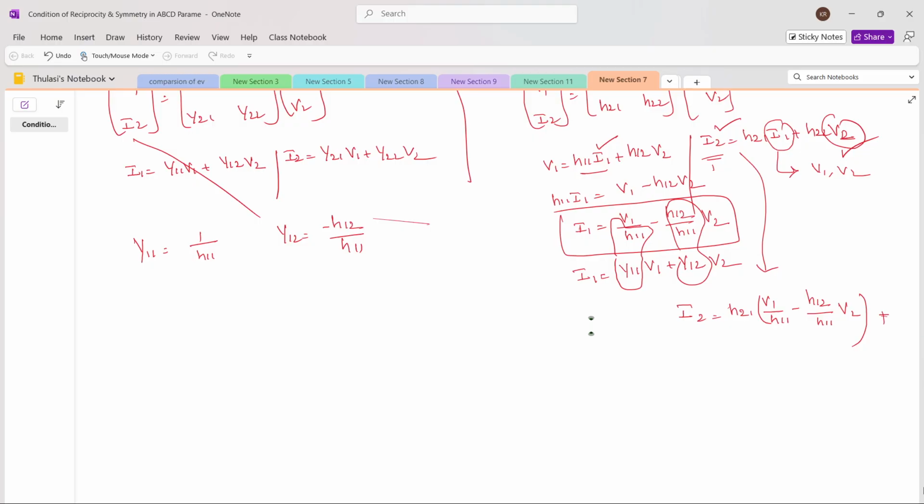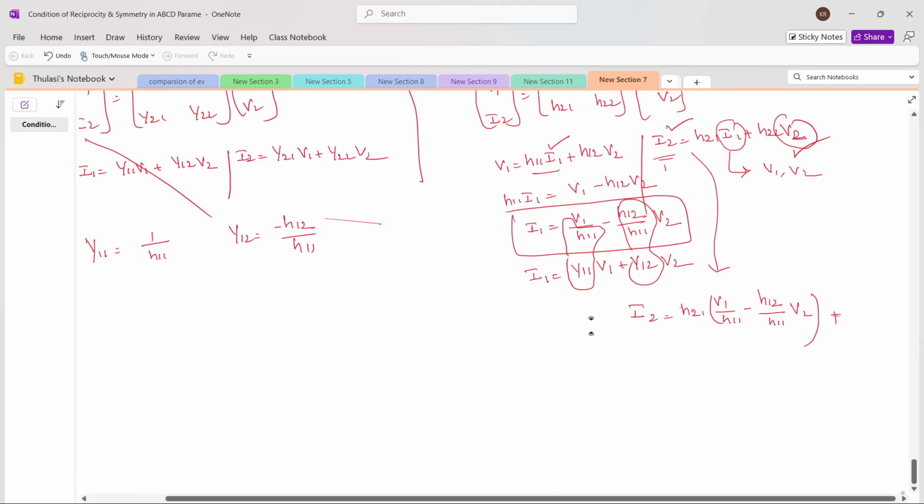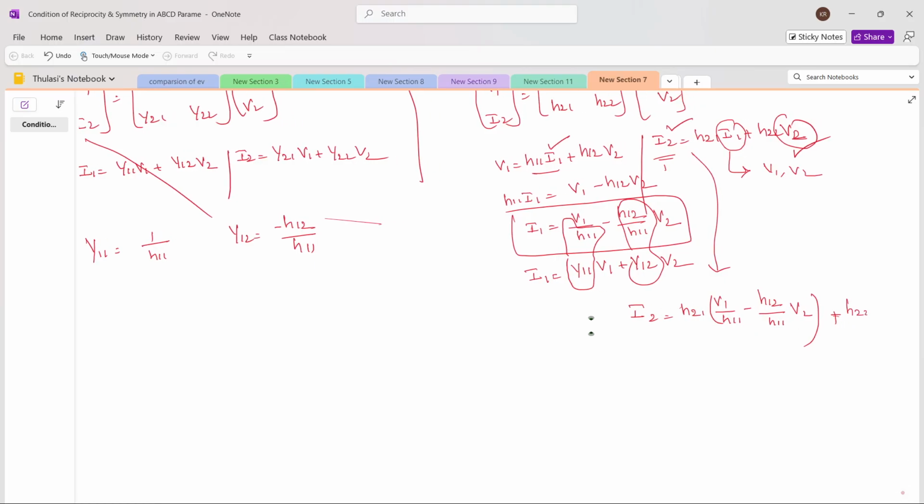plus we have H22 V2. Expanding it, I2 is equal to H21 divided by H11 into V1 minus H21 H12 divided by H11 V2 plus H22 V2. So take V2 as common.